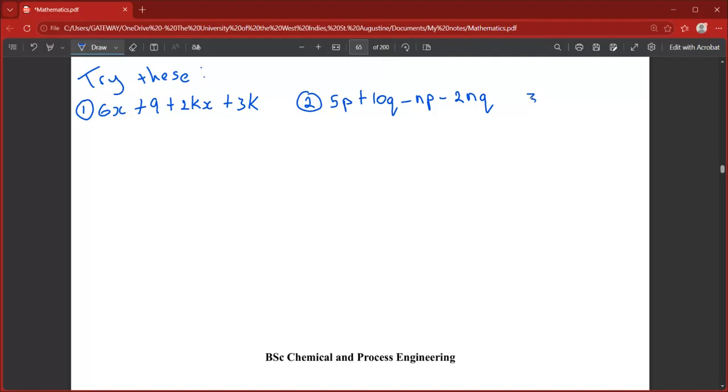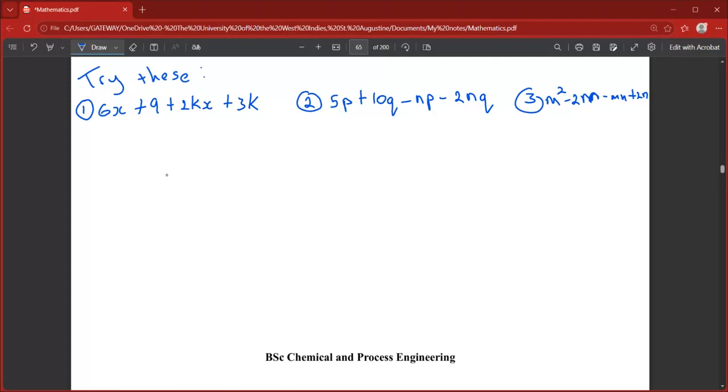Question 3: you have m squared minus 2m minus mn plus 2n. Right? So these are my 3 questions here that I want you to go ahead and give a try, and let me know when you're done, we'll correct it together, right?